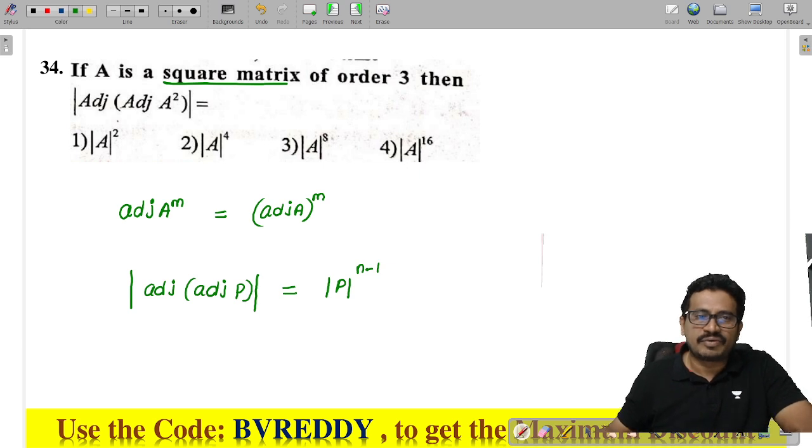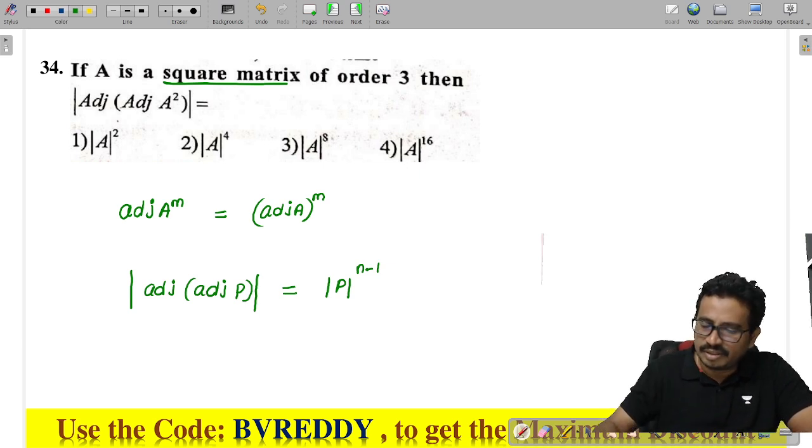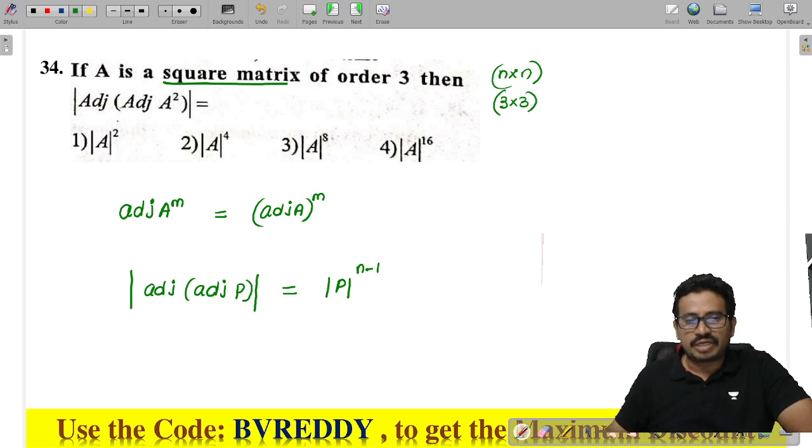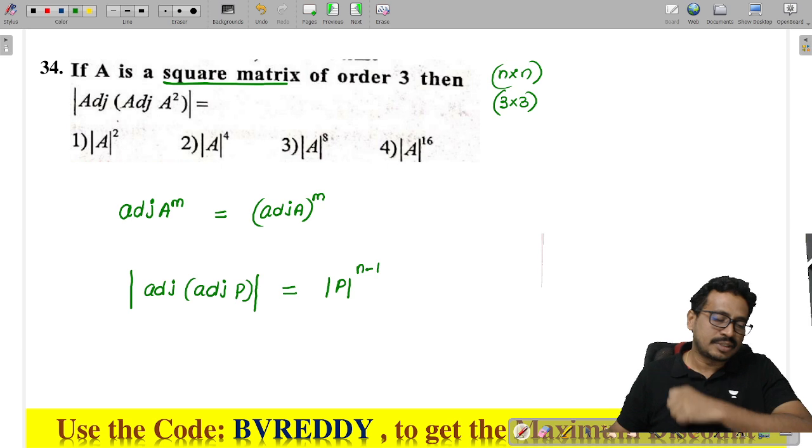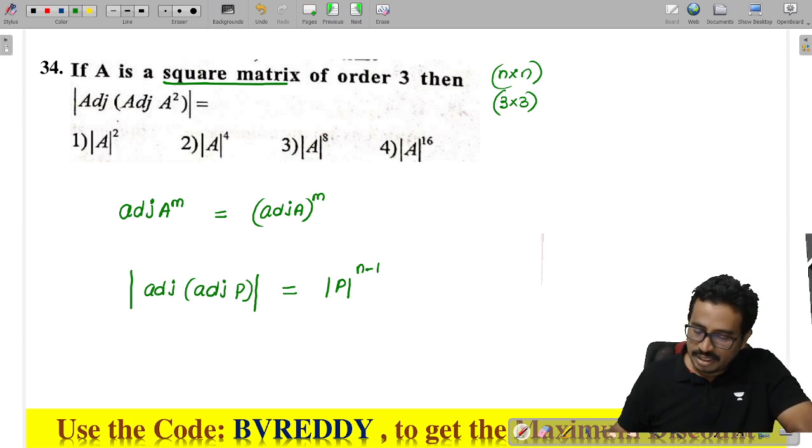Let us consider this is an n cross n matrix, where n is given as 3. So the determinant of adjoint of adjoint of P is determinant of P whole power n minus 1 whole square. This is the standard result we have discussed.